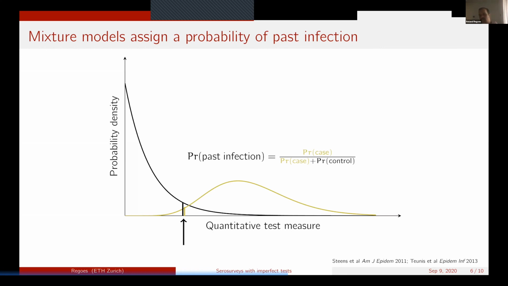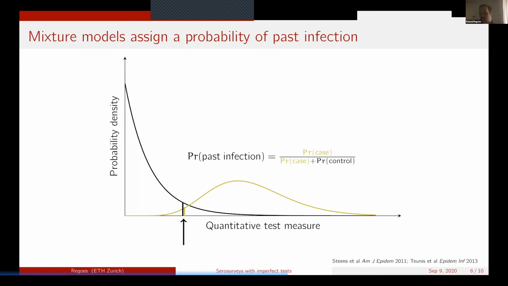And what we use this framework for is we are conducting in silico serosurveys. So in these in silico serosurveys, we set a certain cumulative incidence, so we know what the cumulative incidence is, and then we sample from these two different distributions according to the cumulative incidence that we assume, and get some data that we analyze with the different methods.